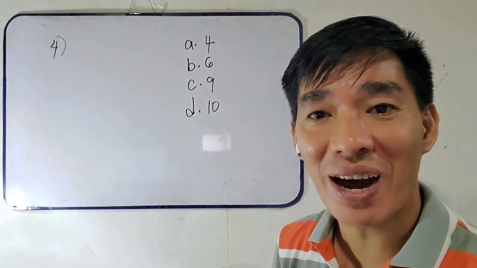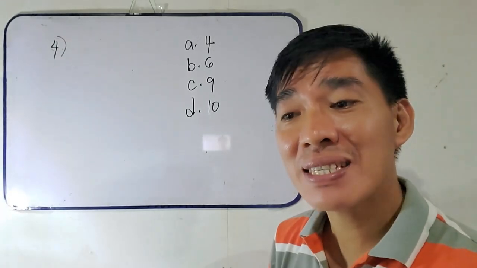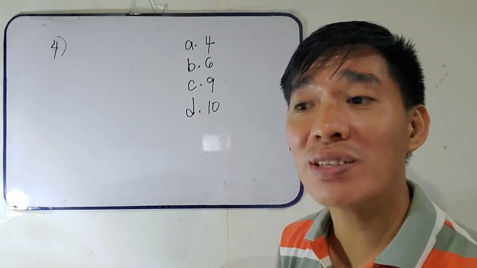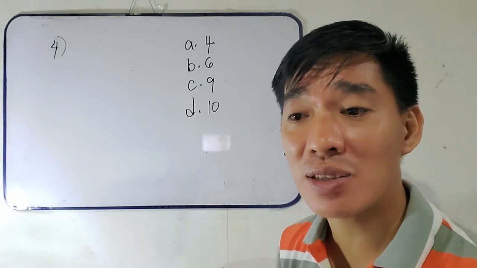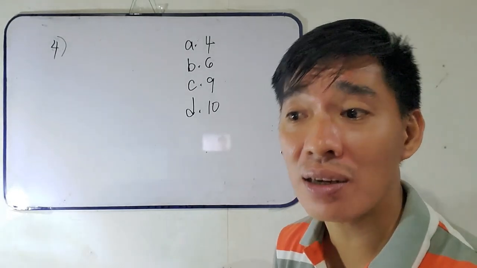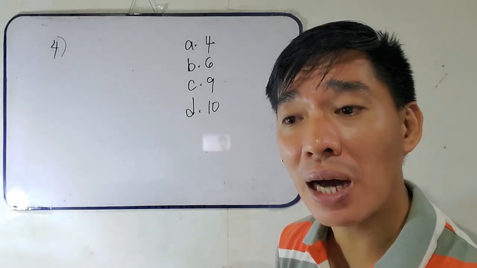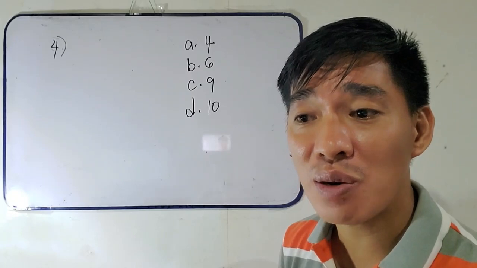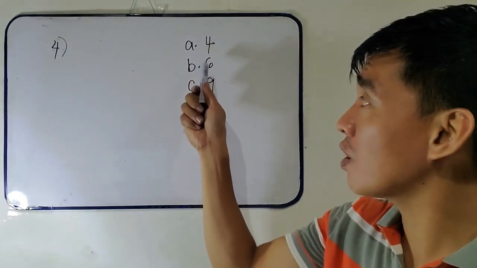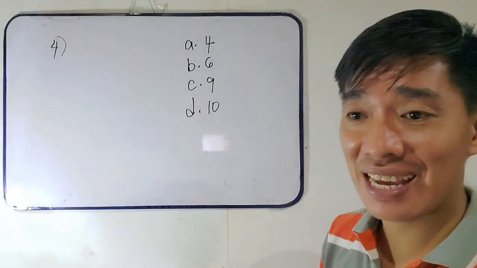Now let's proceed to item number 4. David's little sister is playing with blocks. She wants to put all 63 of her blocks into stacks with the same number of blocks in each stack. So how many blocks could David's sister put into a stack? Okay, so the choices are 4, 6, 9, and 10.